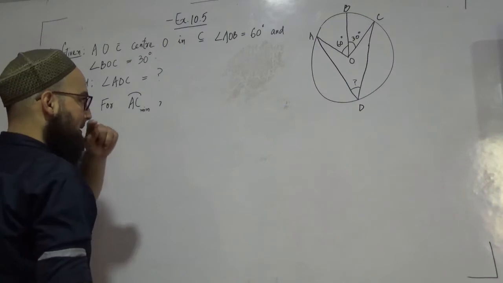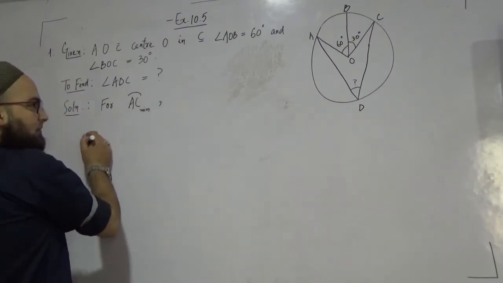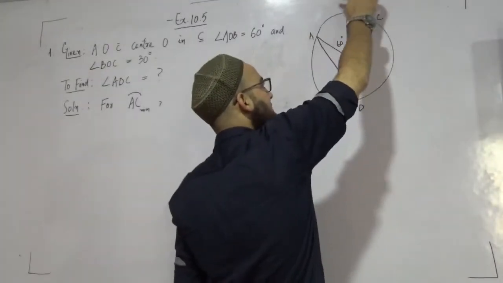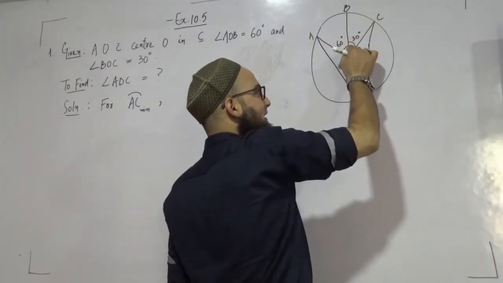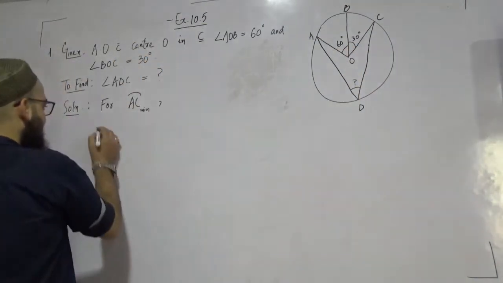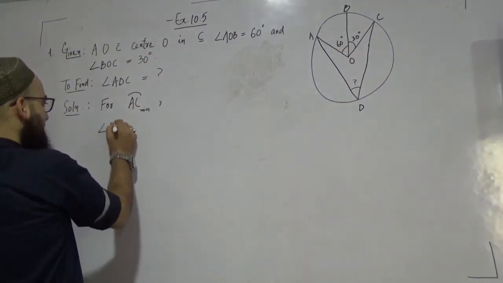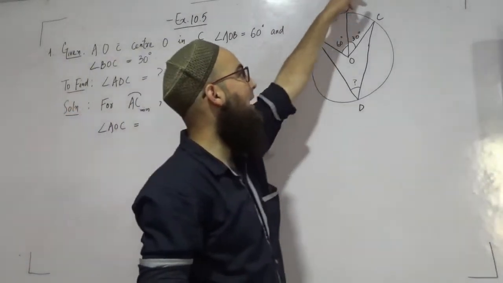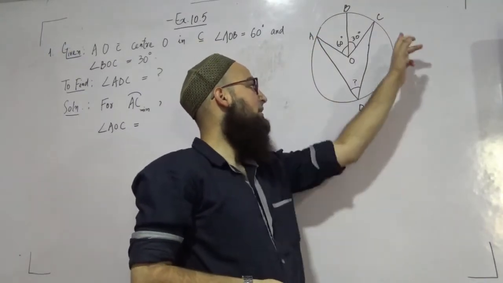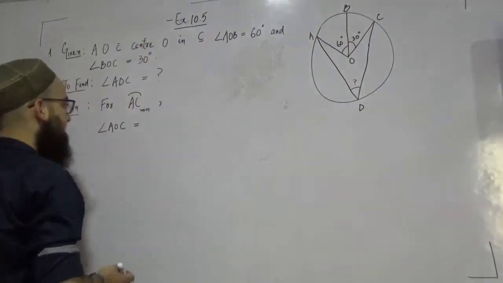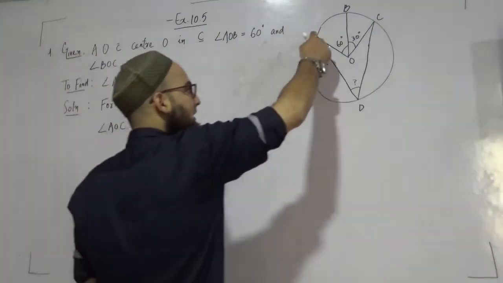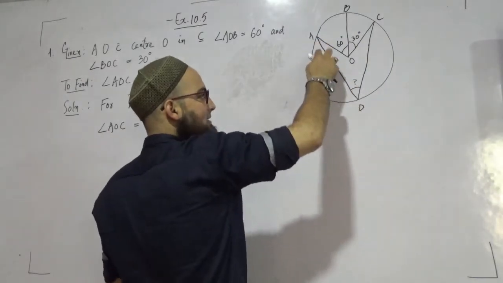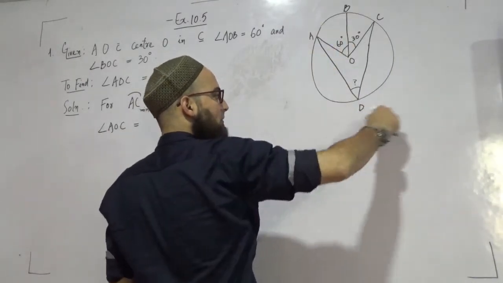If you see, this is an arc, so the angle subtended by this arc at the center is this angle, angle AOC. Angle AOC is twice the angle subtended by the same arc on the remaining part of the circle.